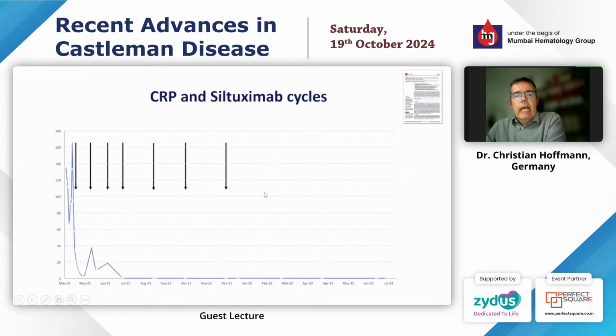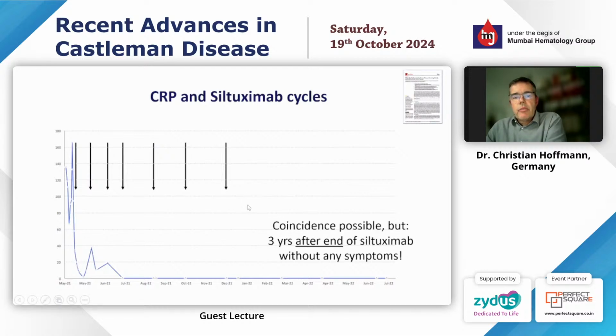And this patient has received cetuximab several cycles. And I mean, it's always a question, was this a coincidence? But I think a clear argument that this disease was triggered by the vaccine was that the patient is off treatment now for more than 3 years.